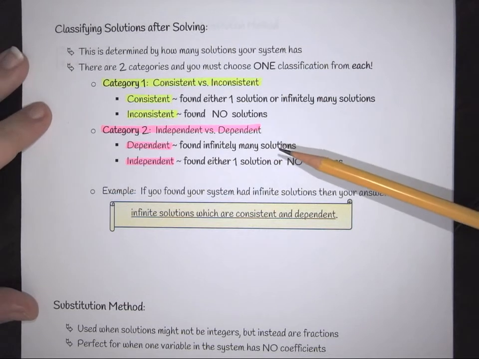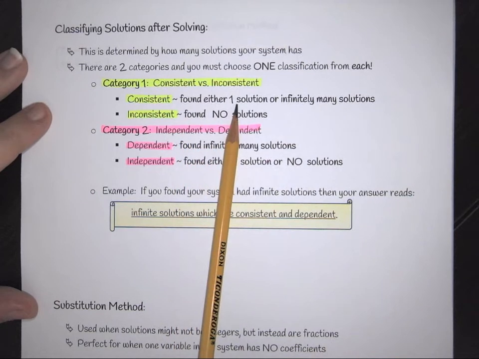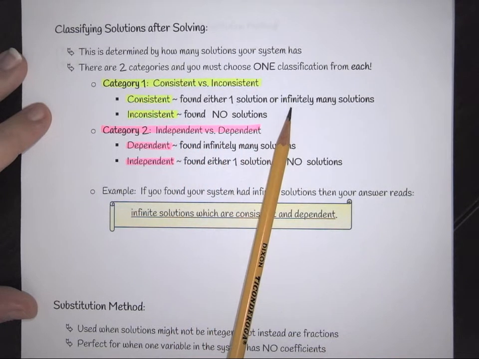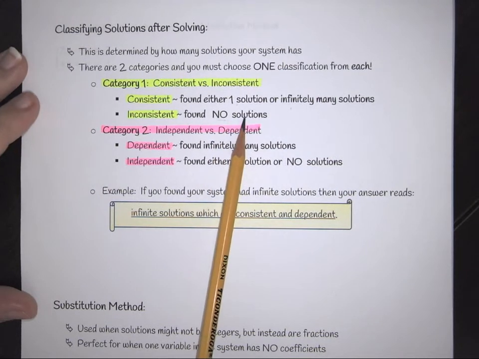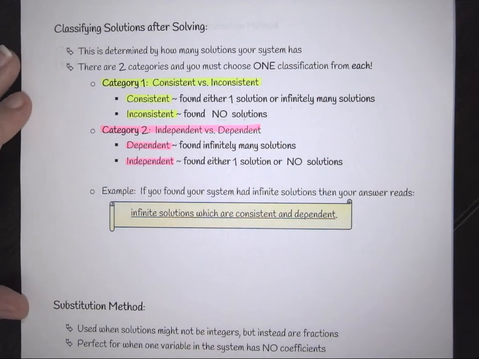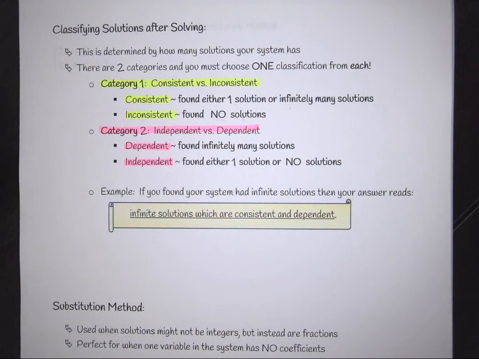Consistent means that you found one solution or infinitely many. Inconsistent means no solutions. So you're going to look at the type of solution your system has, and then you're going to classify it by selecting the appropriate label out of the category.